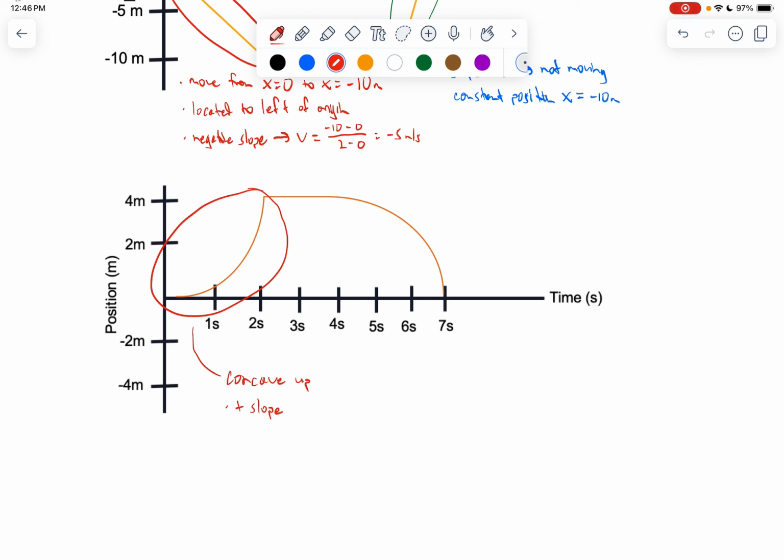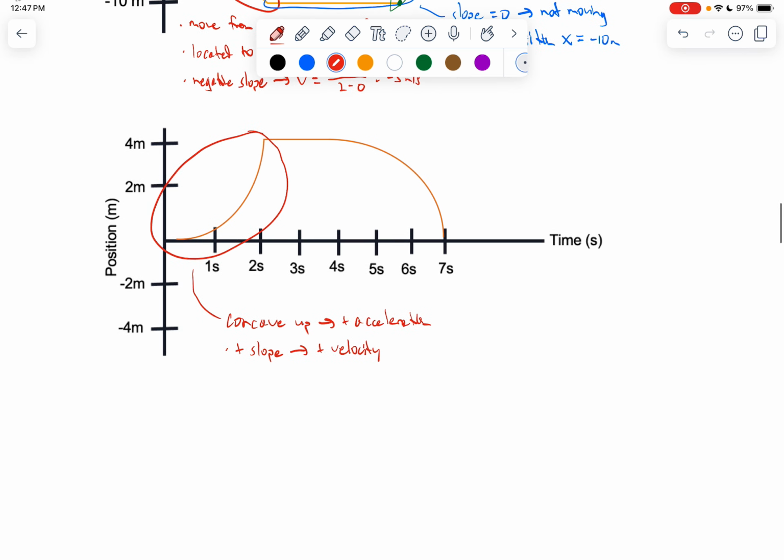And because we are concave up, that means we're going to have a positive acceleration. Again, our positive slope means we're going to have a positive velocity. So a positive velocity and positive acceleration together mean that we're going to be speeding up while moving in the positive direction.